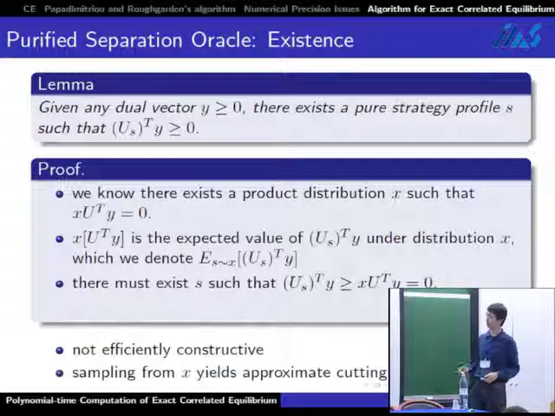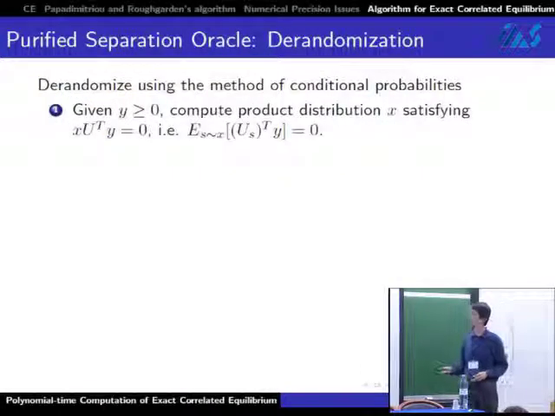So instead, we propose a derandomization method. In particular, we use the so-called method of conditional probabilities. I'll go through the separation oracle algorithm. Given a y, at first we compute the corresponding product distribution x satisfying this.